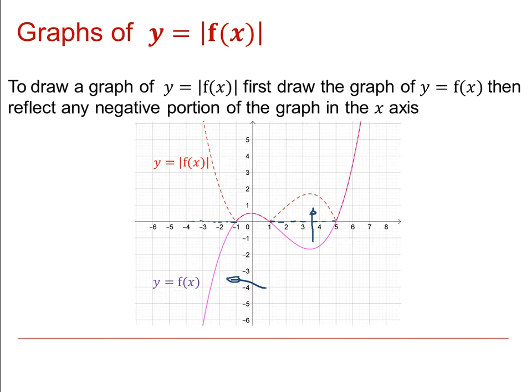The other parts are exactly the same, so y equals mod f of x is given by the dotted line which comes down here. It reflects in the portions where the function itself is below the x-axis, but otherwise is exactly the same.